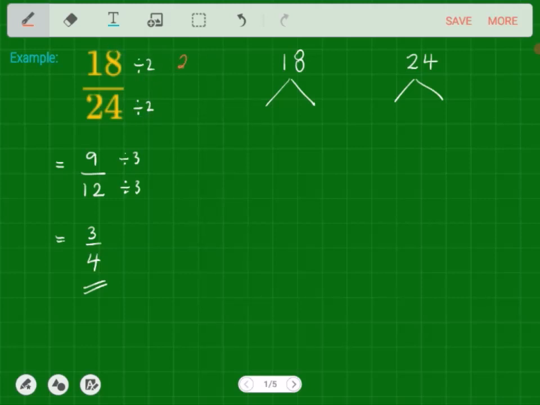What that would look like is this. 2 multiplied by the 9 would give us 18, and 2 multiplied by the 12 would give us the 24. And in essence, these will cancel out the 2's. They will cancel down because 2 divided by 2 is 1, which means that it won't be there. And for illustrative purposes, we'll get rid of it just there, and you'll be left with the 9 over 12.